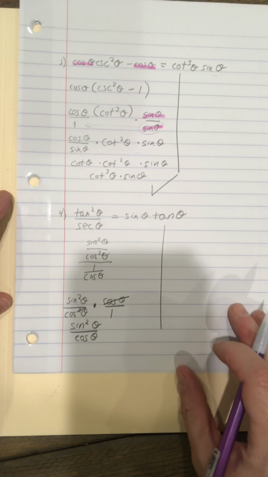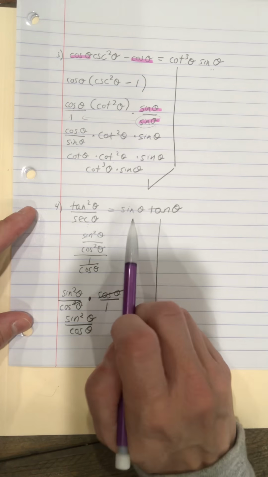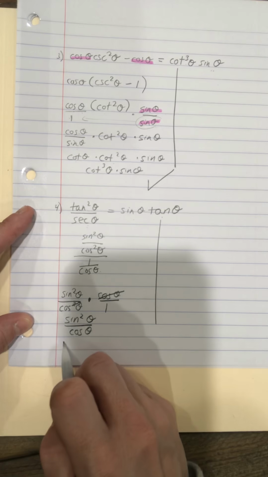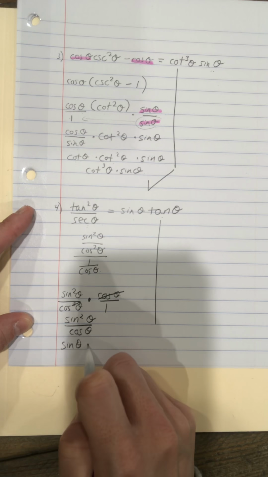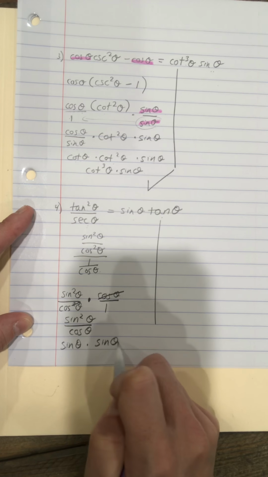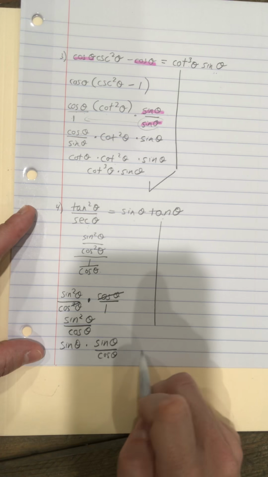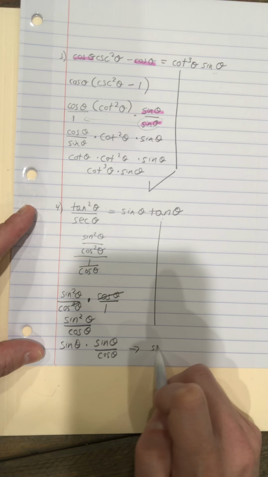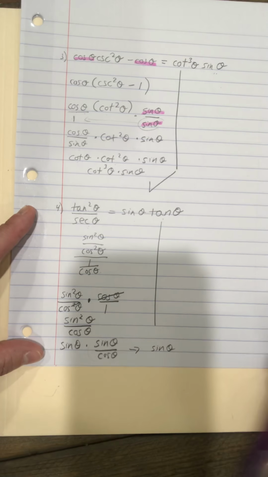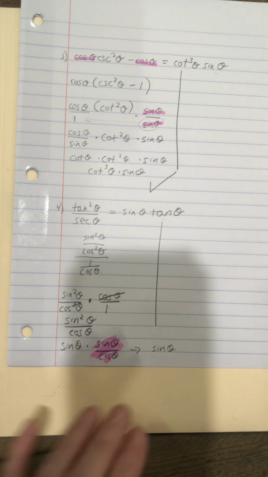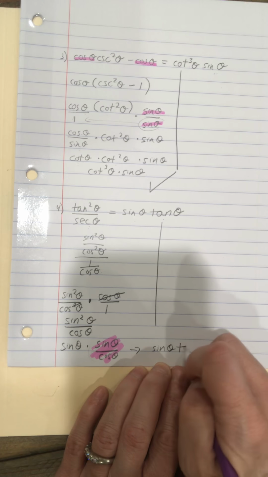Now be careful, that can be separated out because I want sine and tan. It can be separated into sine theta times sine theta over cosine theta, and sine theta over cosine theta is the same as tangent theta.